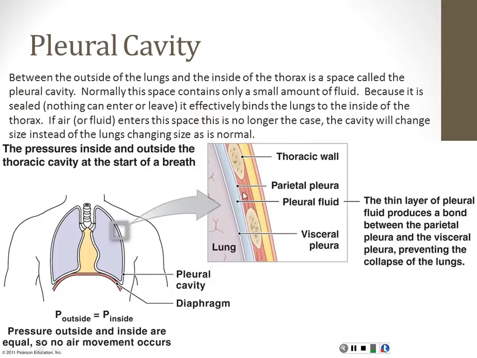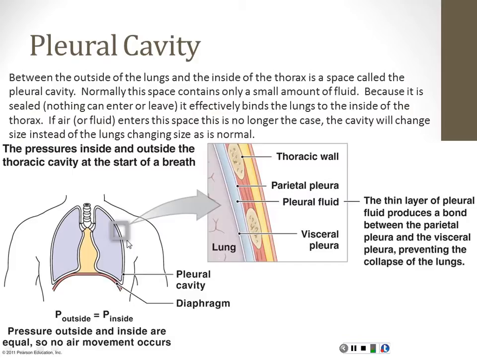In other words, if you have a hole between your pleural cavity and the outside world, the whole respiratory dynamics, the whole mechanics of breathing breaks down. Essentially you can't inflate your lungs in that condition. But for our purposes today, we're going to assume that it's normal and healthy and that this is a sealed space, which means we can effectively ignore it.